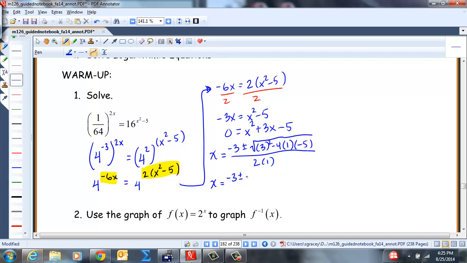Minus a minus is plus, so we'll get root 29 all over 2. So those are our solutions: negative 3 minus root 29 over 2, and negative 3 plus root 29 over 2.